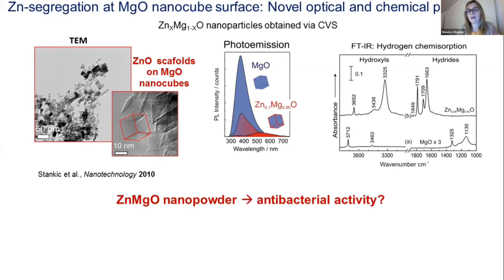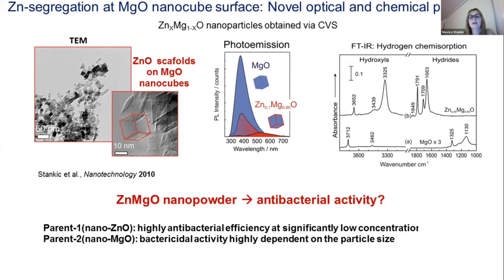So in this respect, we have been thinking about what's happening in terms of antibacterial activity, especially having in mind that both parent oxides of this ternary oxide, zinc oxide and magnesium oxide, have already been shown to have quite efficient antibacterial activity.